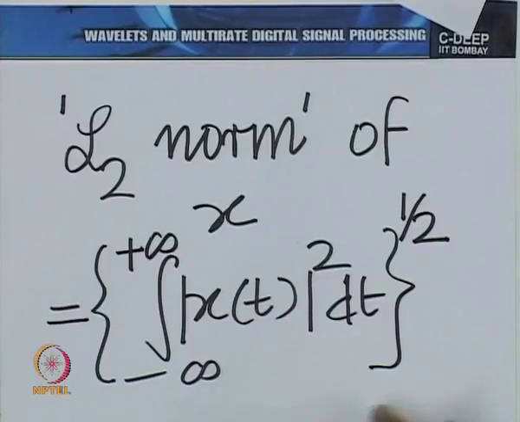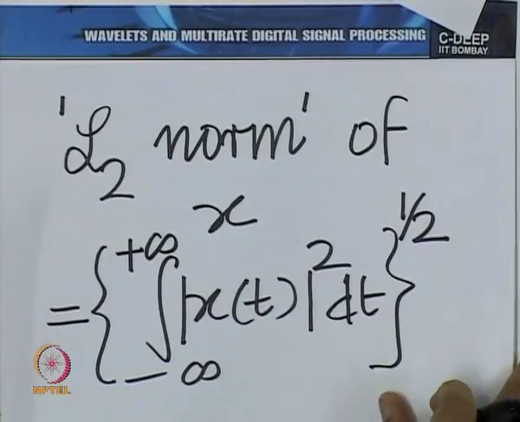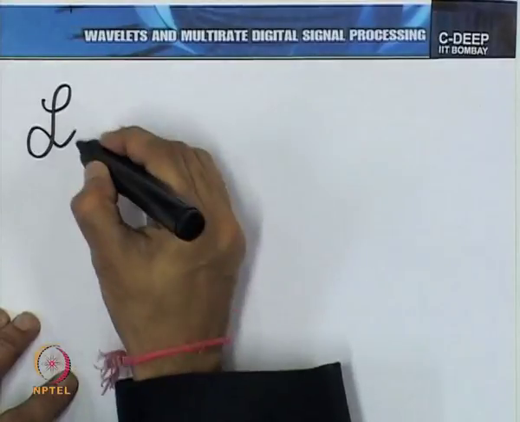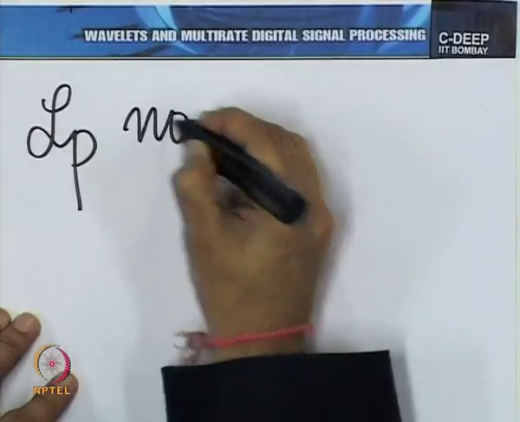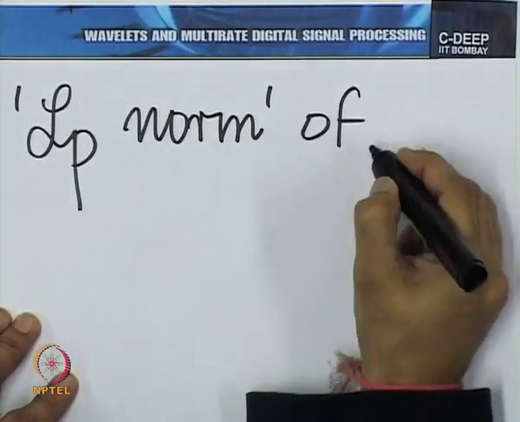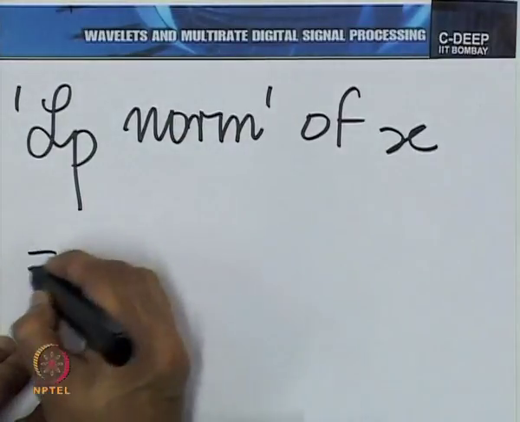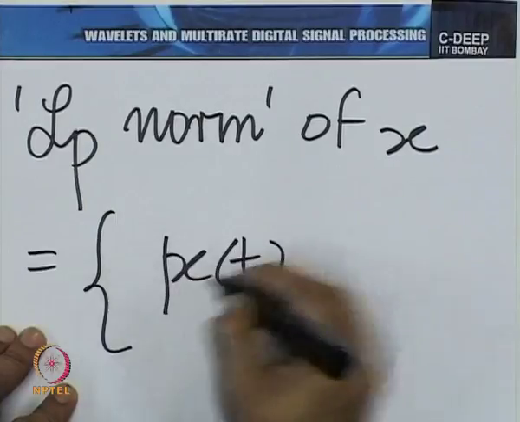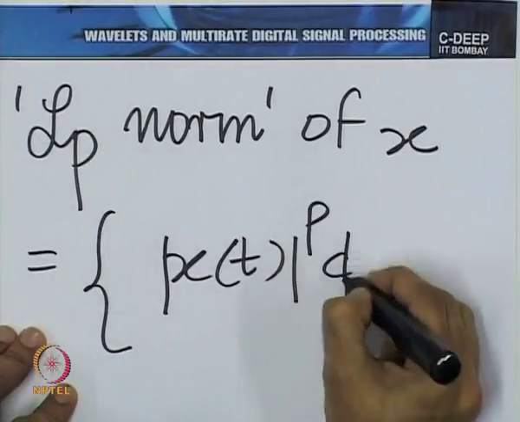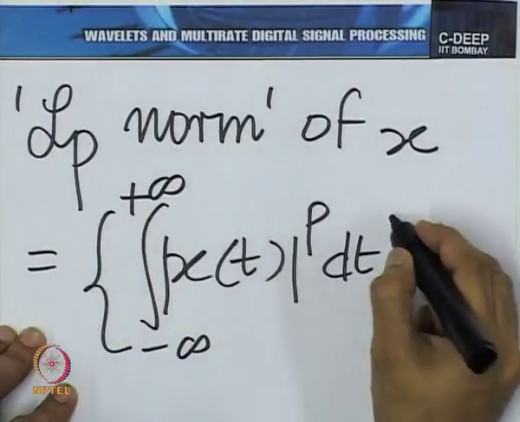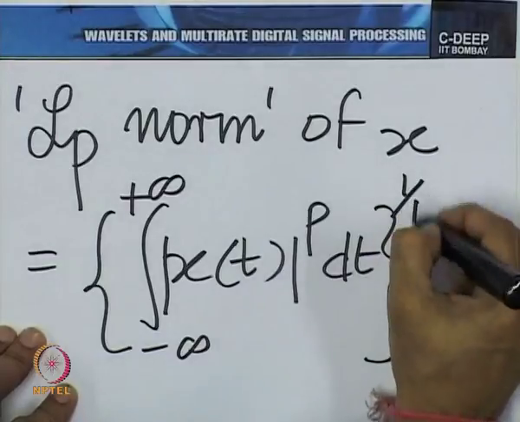Similarly, one can talk of an Lp norm. So, you could talk about an Lp norm of x, and that would correspondingly be the integral of mod x t to the power p dt over all time, raised to the power 1 by p.